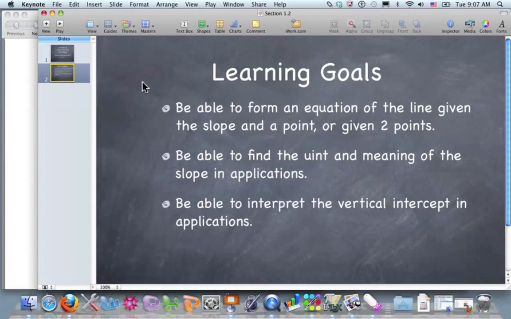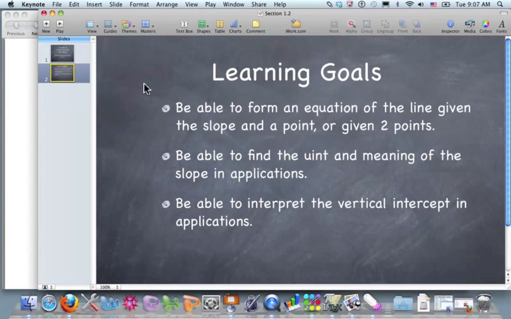The learning goals include: 1. Be able to form an equation of the line, either given the slope and a point or given 2 points. Please focus on the slope and point format, and also we can use the slope and vertical intercept format. 2.